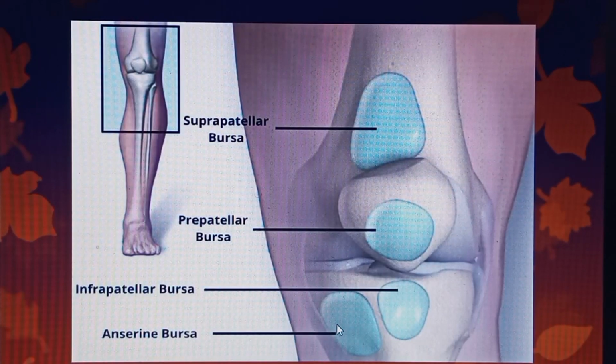We know that these pes anserinus muscles, which we also call the goose foot muscles, you know them already. We talk about the muscle which comes from the anterior compartment of the thigh, the sartorius muscle. From the medial compartment of the thigh, we talk about the gracilis muscle. And from the posterior compartment of the thigh, the hamstring group of muscles, we talk about the semitendinosus muscle.